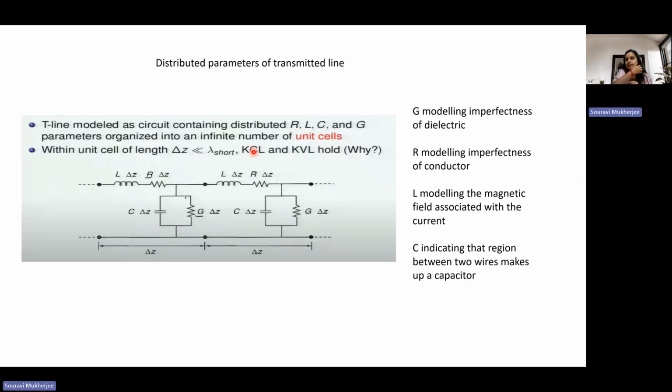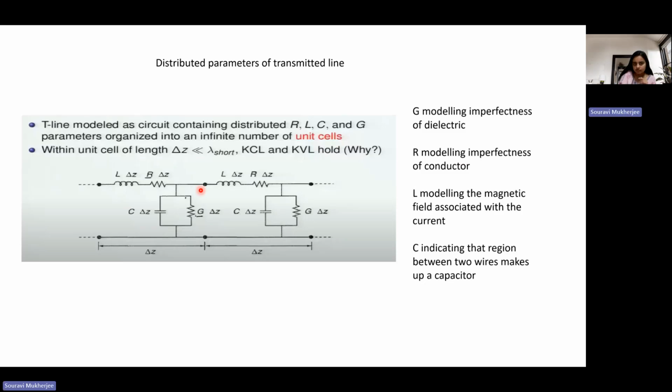If you know the signal that is getting transmitted, you can calculate the lambda short, and then from there you can define the length of your unit cell. Now in this unit cell, you can use your typical Kirchhoff's laws and all of that, because these individual unit cells are in the lumped circuit regime, right?